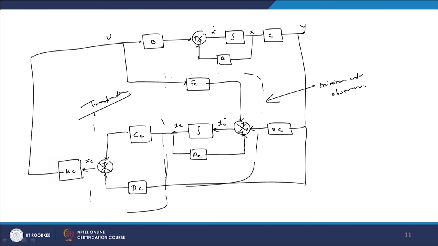That means this is the original plant, this is the minimum order observer, and finally we have to transfer to the controller the complete state, which involves the measured state as well as the unmeasured one. Therefore this transformation is needed, and finally the complete state is transferred through XC, which involves our measured and non-measured states, and this is the actual control KC, and it will move here.